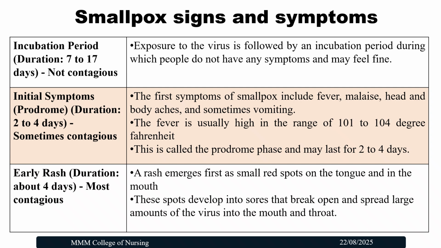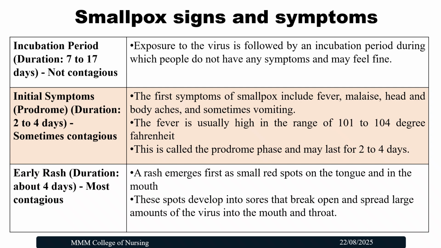The duration is 2 to 4 days, and it is sometimes not contagious. The first symptoms of smallpox include fever, malaise, head and body aches, and sometimes vomiting. The fever is usually high, in the range of 101 to 104 degrees Fahrenheit. This is called the prodrome phase and may last for 2 to 4 days.